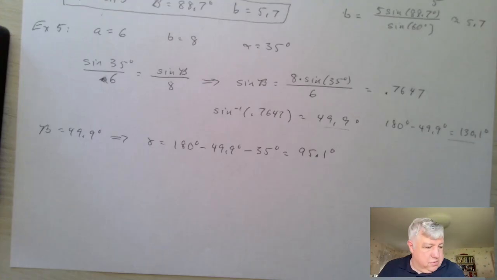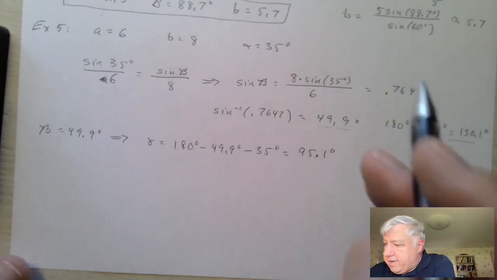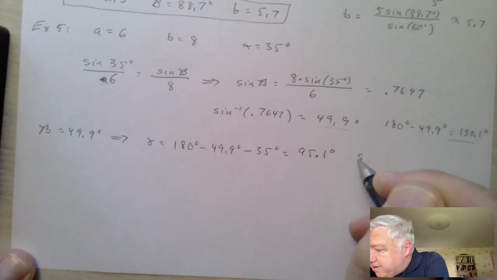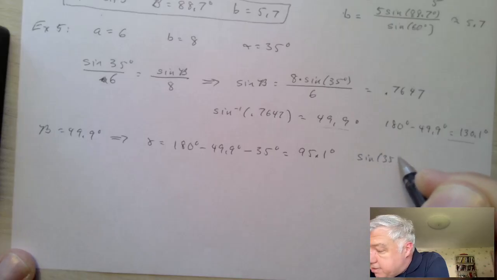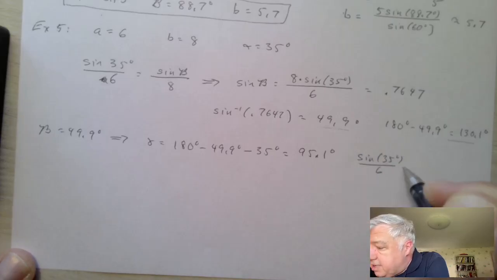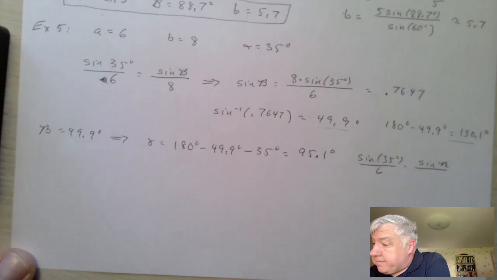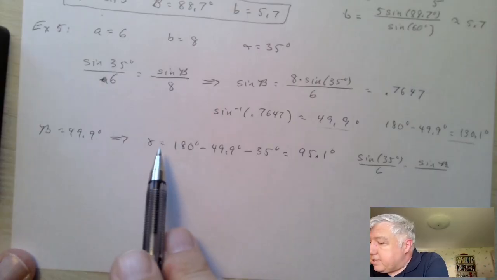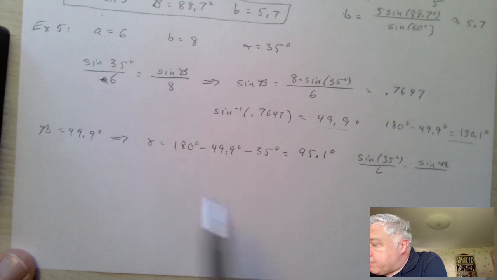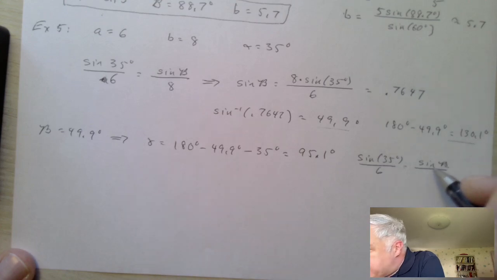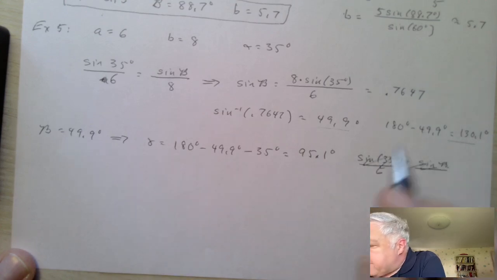Now we can do sine of 35 degrees over 6 is equal to the sine of gamma divided by c. We're trying to find c. Sorry about that, I got distracted. Let's try again.